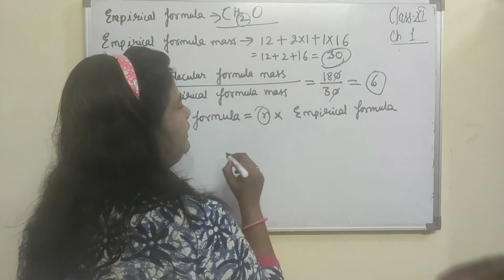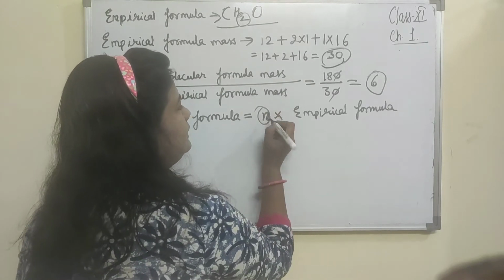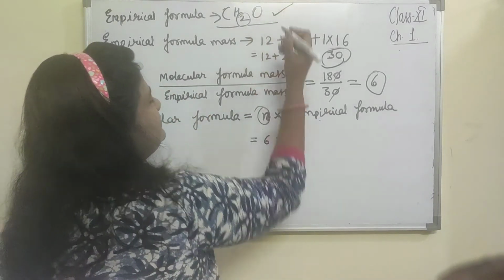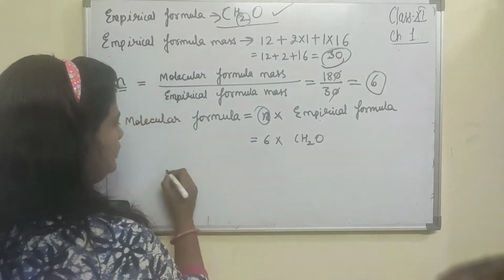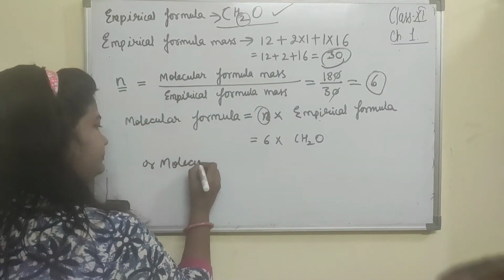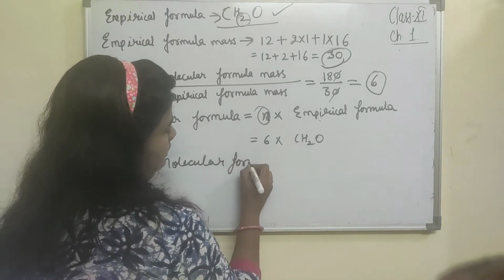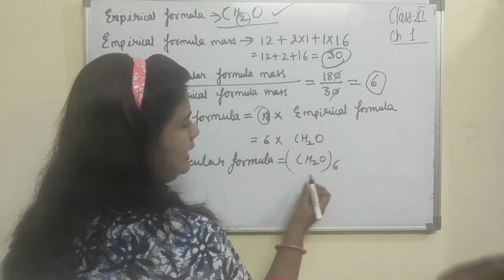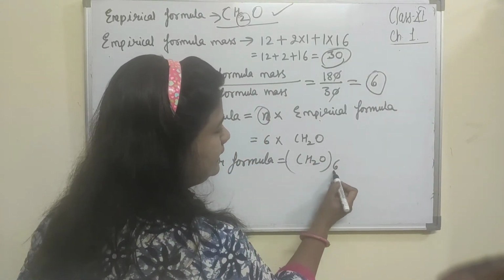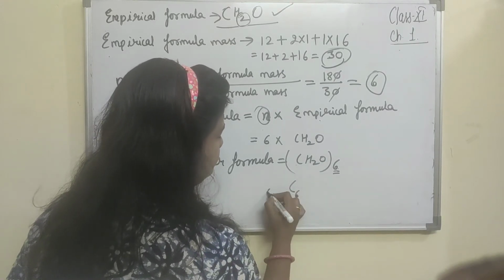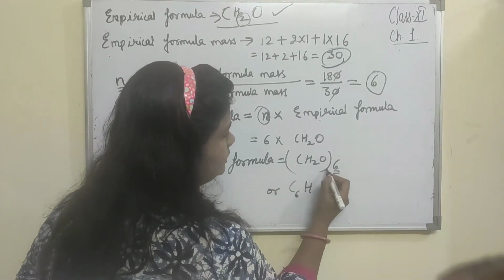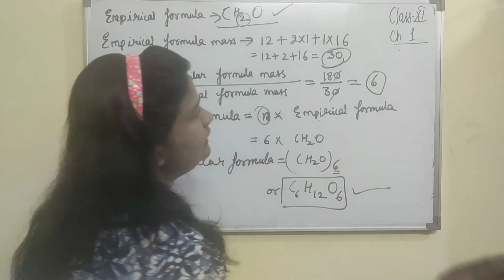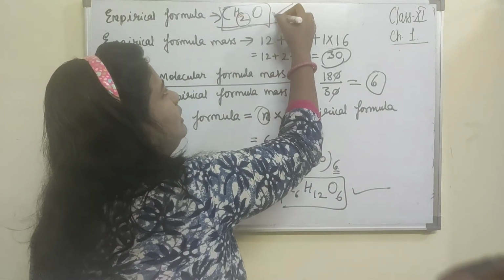You have already got the value of N, so write the value of N here. 6 multiplied by its empirical formula CH2O, so the molecular formula will be equal to (CH2O) whole 6, and you have to multiply each atom by 6. C6, H 2 times 6 is 12, and O6. This is the molecular formula of that compound, and this is the empirical formula of that compound.